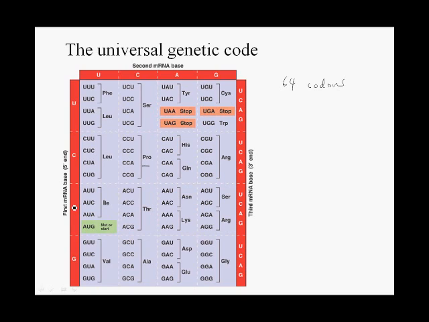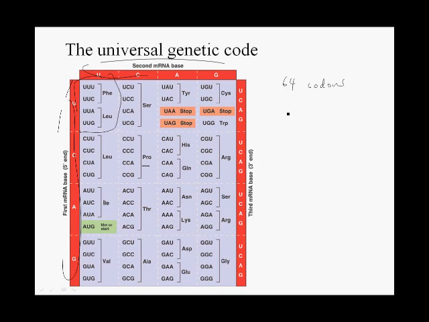You can read this table by identifying the first base here, the second base here in these columns, and then within each of these boxes, the third base. Each of these boxes then gives you 4 lines based on the third base.